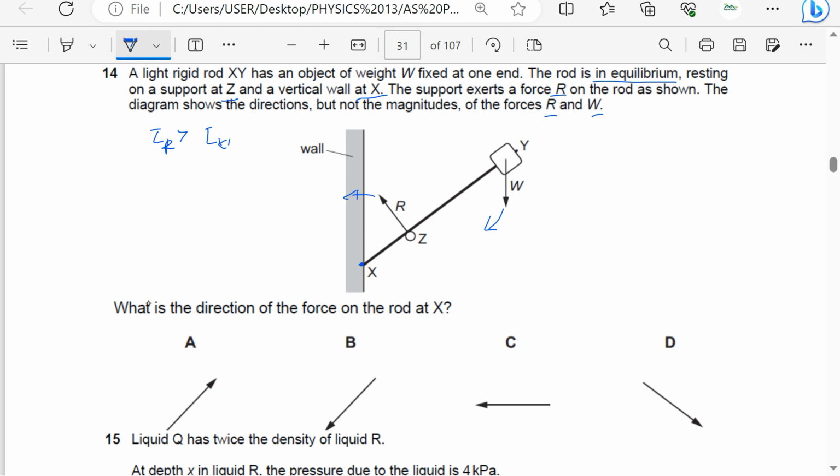And I'll get another force from point X to where these other forces are meeting. So let's prolong this. I'll make the weight vertical downwards. It will go downwards like this. And I'll prolong this one. These three forces should meet at the same point.